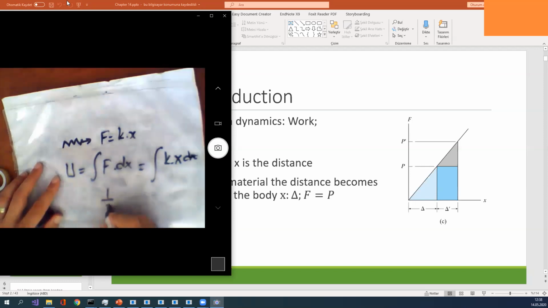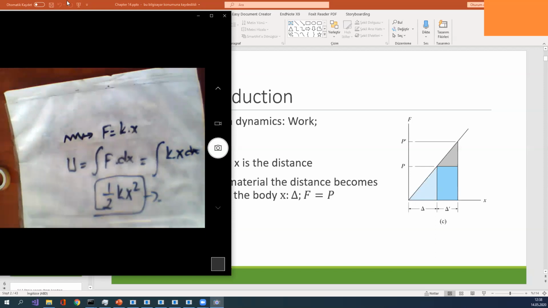So one over two K x squared is the integration with the spring constant. Maybe you remember this formula from high school. This is the definition of why we are using the integration, and it is a good explanation for that rule.